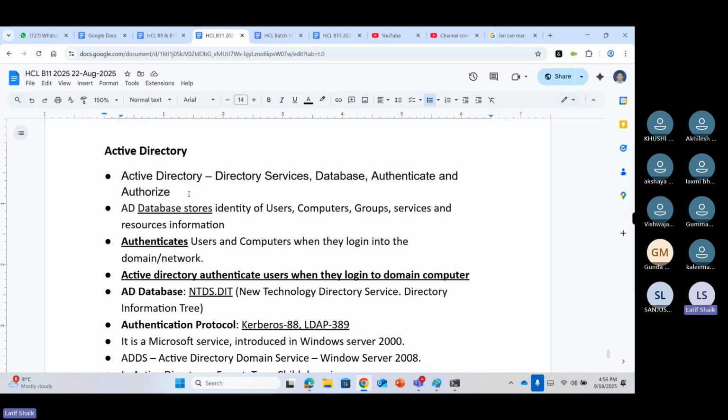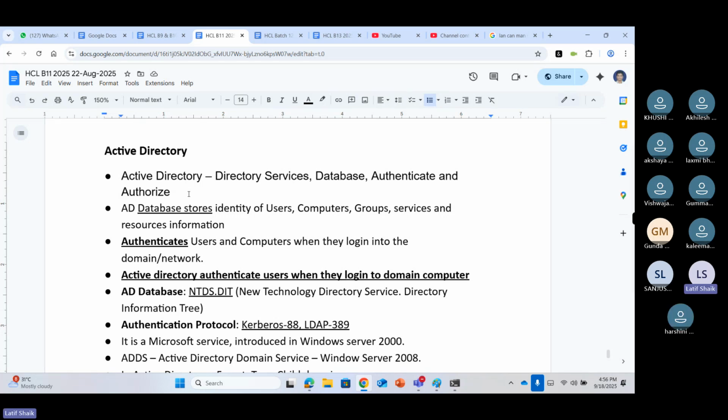So what is Active Directory? Active Directory provides directory services. Two directory services, two services. What are the two services? Database service, and authentication and authorization services.